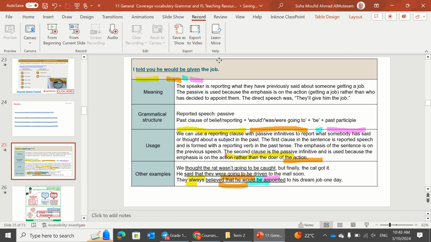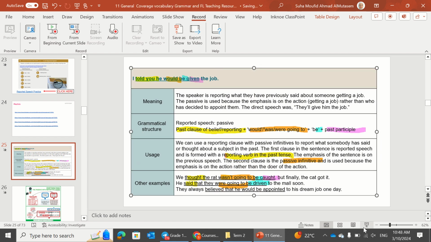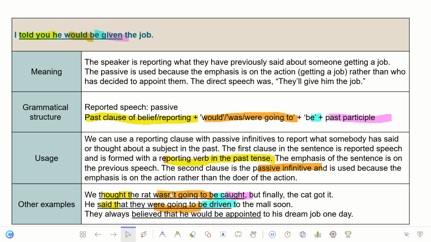Believed is the reporting verb. Be appointed is the passive, and here is he would. Passive infinitive. Okay.